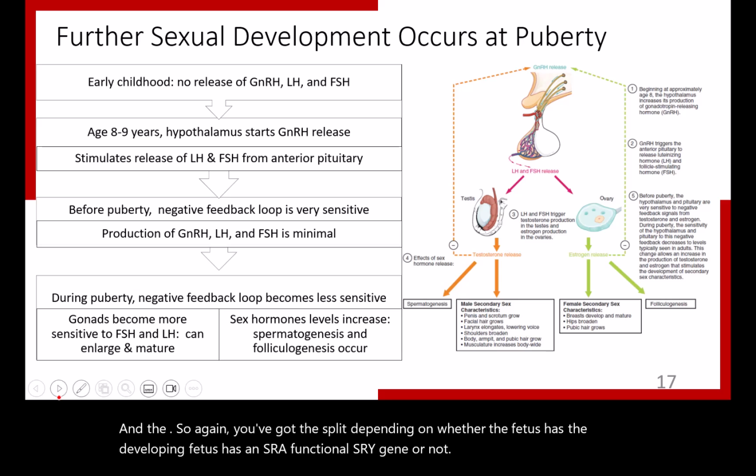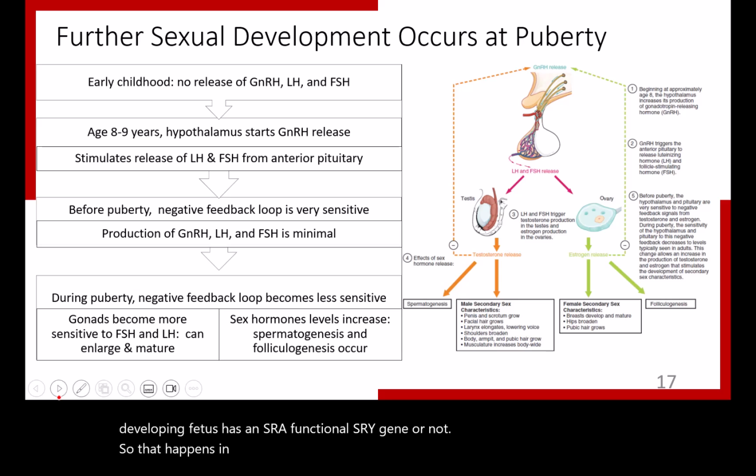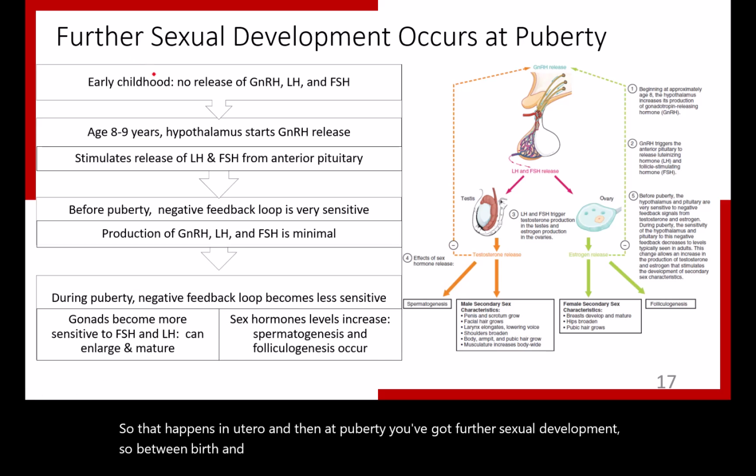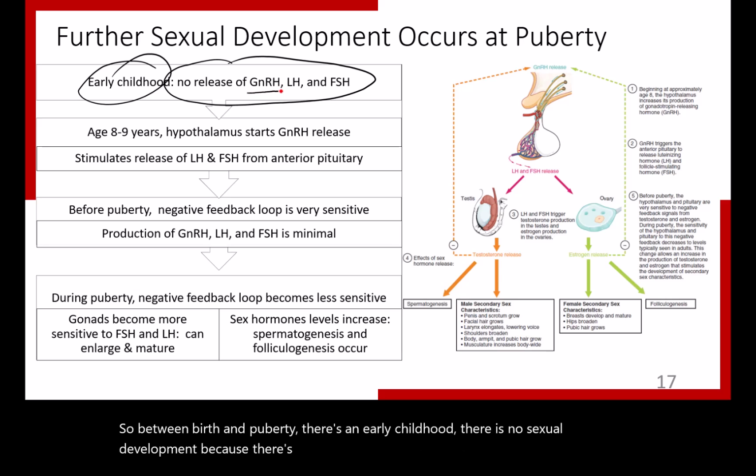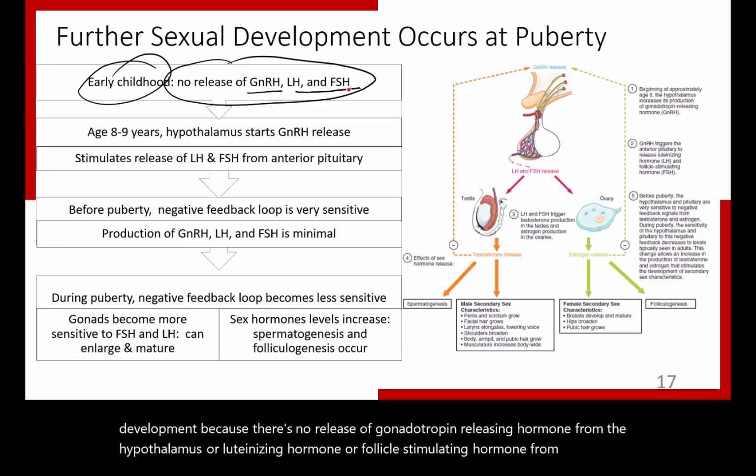So that happens in utero, and then at puberty, you've got further sexual development. Between birth and puberty, in early childhood, there is no sexual development because there's no release of gonadotropin-releasing hormone from the hypothalamus, or luteinizing hormone or follicle-stimulating hormone from the anterior pituitary, right?